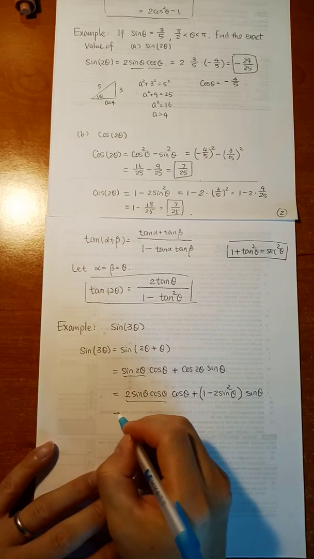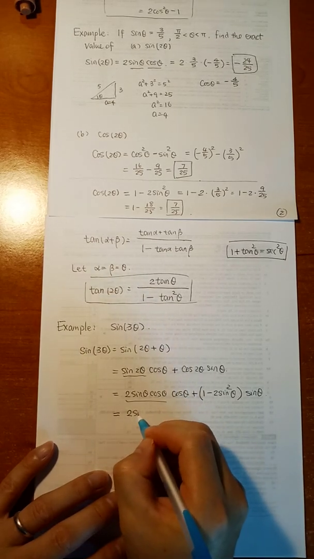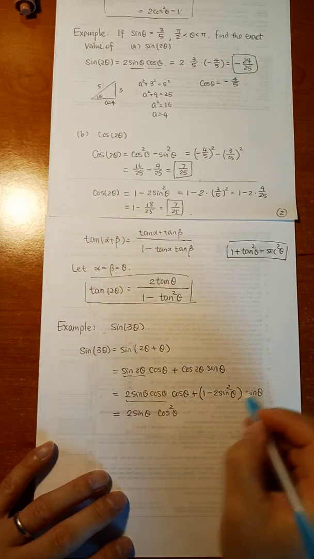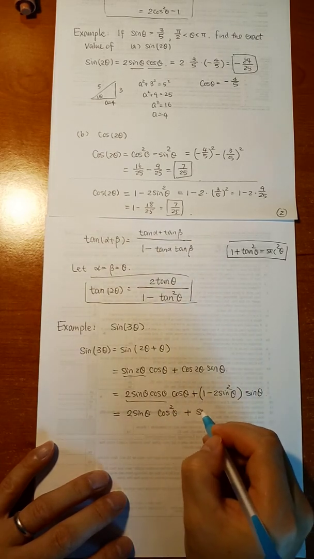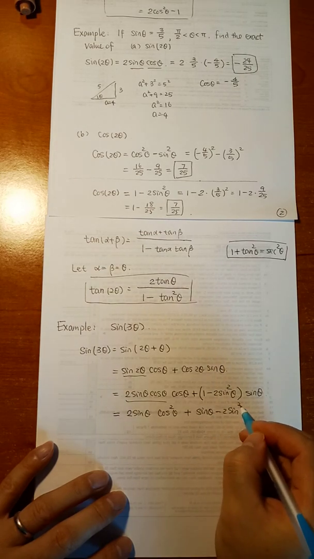And here you have cosine theta squared. So 2 sine theta cosine theta squared. Here you get sine theta minus 2 sine theta cubed.